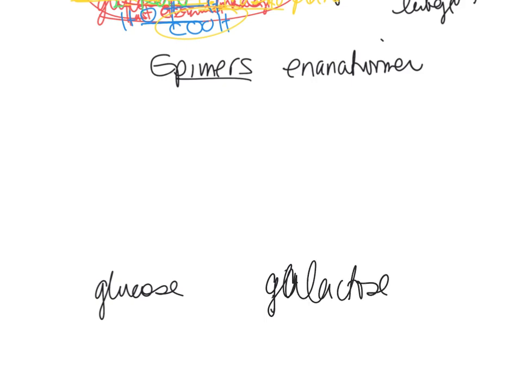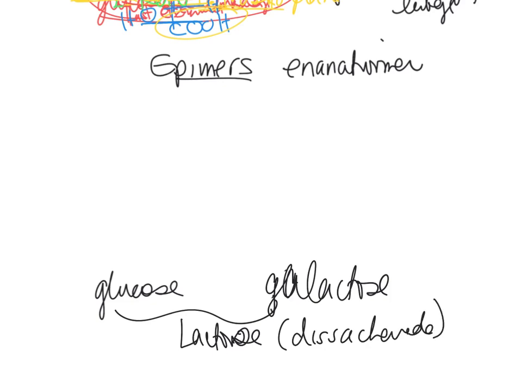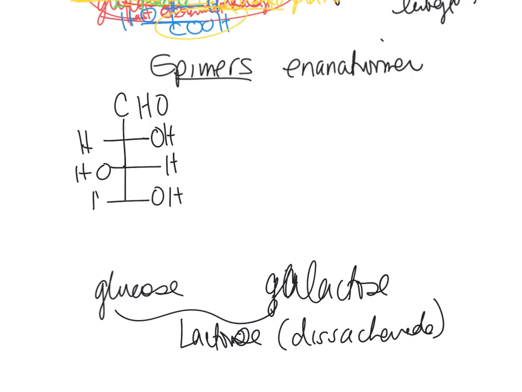And these combined make lactose, right? Remember we did this and it was a disaccharide? Okay, so now we're looking at the structure of glucose. Glucose here, this is glucose. And then this is galactose.